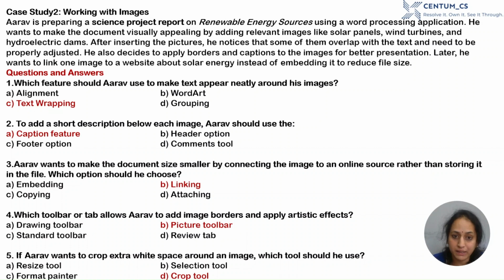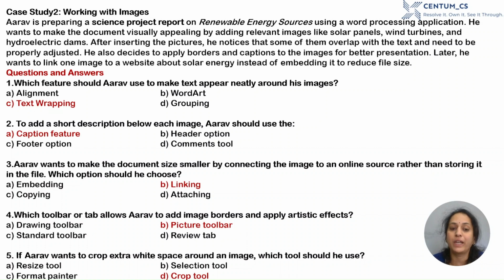After inserting the pictures, he notices that some of them overlap with the text and need to be properly adjusted. He also decides to apply borders and captions to the images for better presentation.